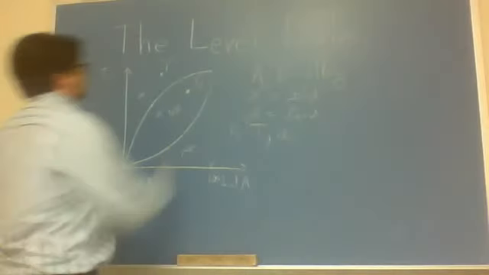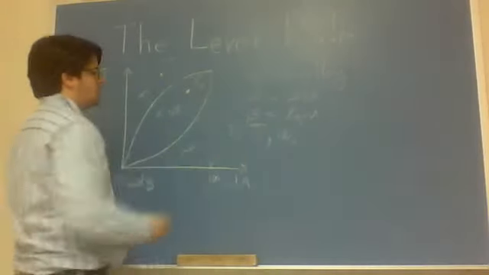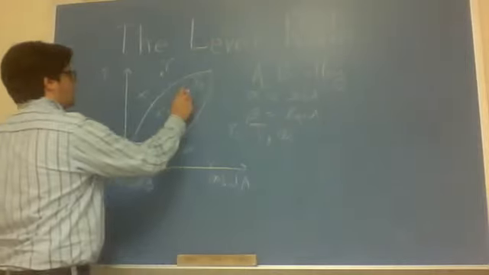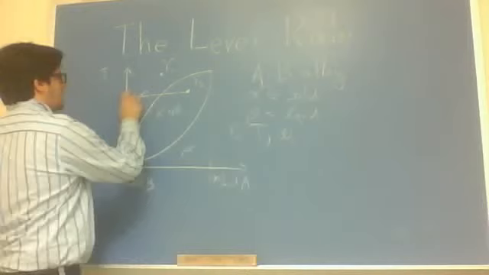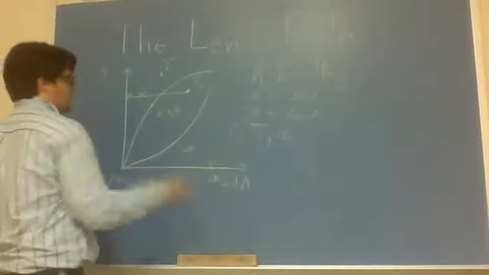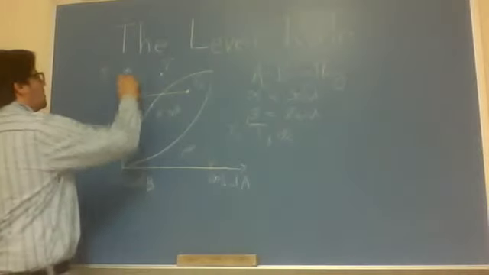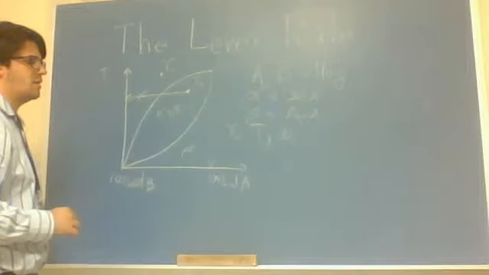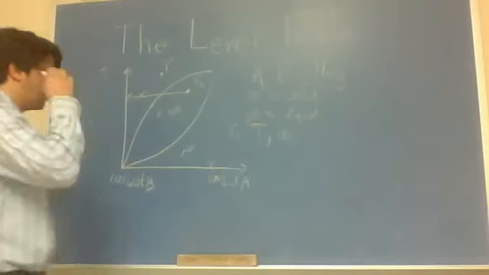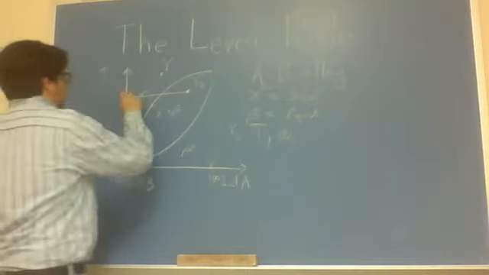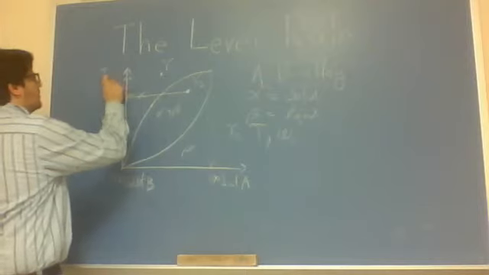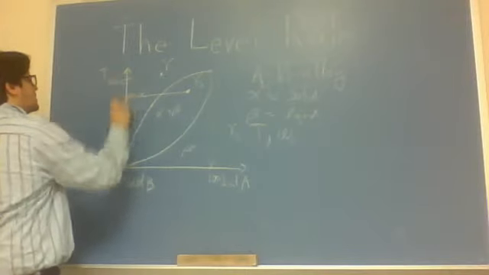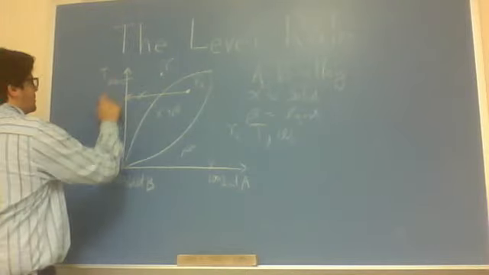The first thing you do when you want to find the temperature is draw a horizontal line parallel to the abscissa, the x-axis, and project it onto the axis. Let's say at this point we had 500 degrees Celsius, and here maybe 400.